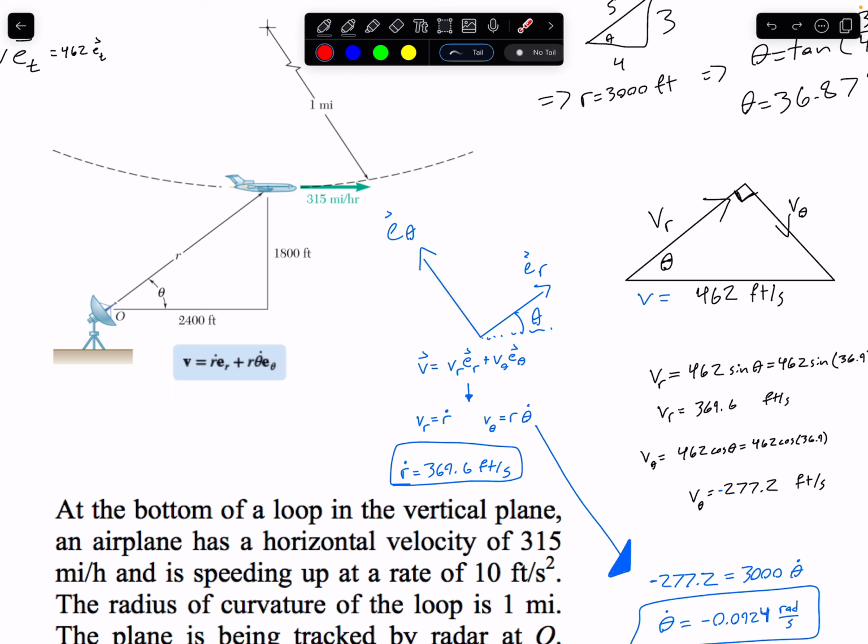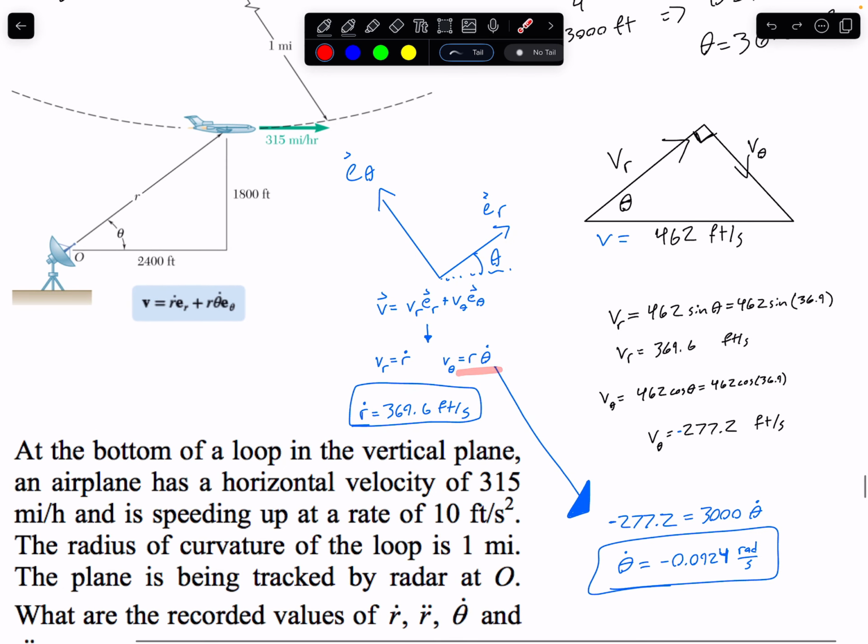And so from the velocity here, we know that this is a given equation. From the book, we know that v of r is equal to r dot. Remember, that's the derivative of r with respect to time. And we know that v omega is equal to r times omega dot.